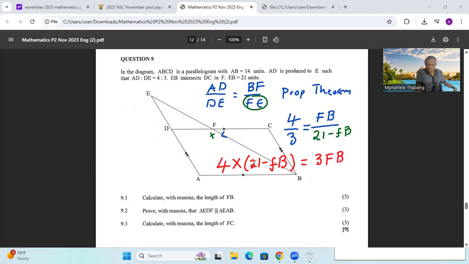Now 4 times 21 is 84. So I'm going to say 84 minus 4FB is equal to 3FB.